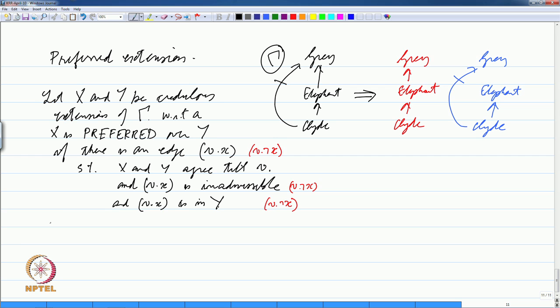So, if you look at this tau which says gray, elephant, I will just write elephant here, and Clyde, I might as well write it. We saw that this edge is not admissible.